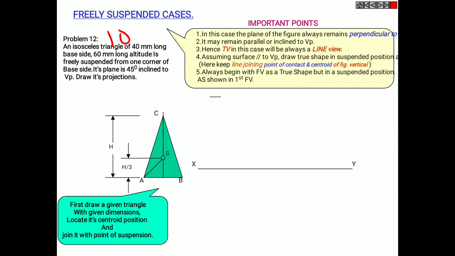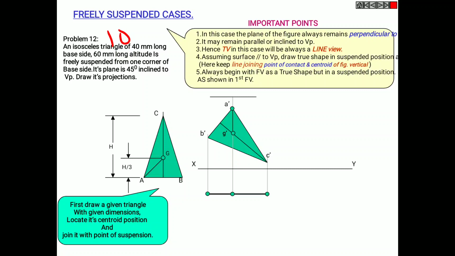So now by the x axis line, see that a dash G dash is the perpendicular one, and suspend your figure. Take the projections that look in a straight line way, so that will be your B, A, G and C.